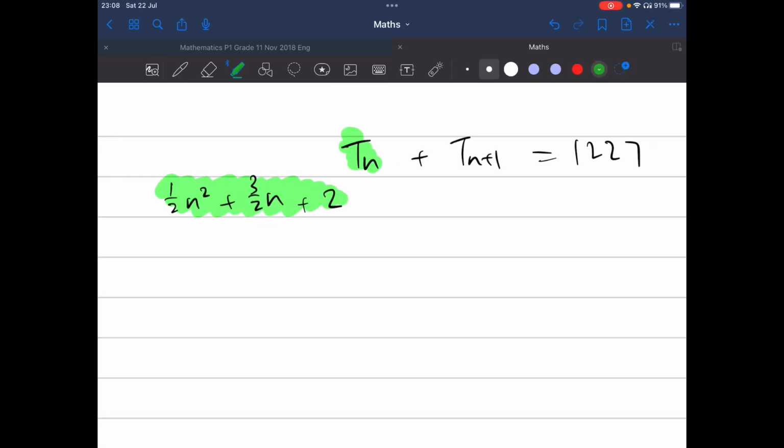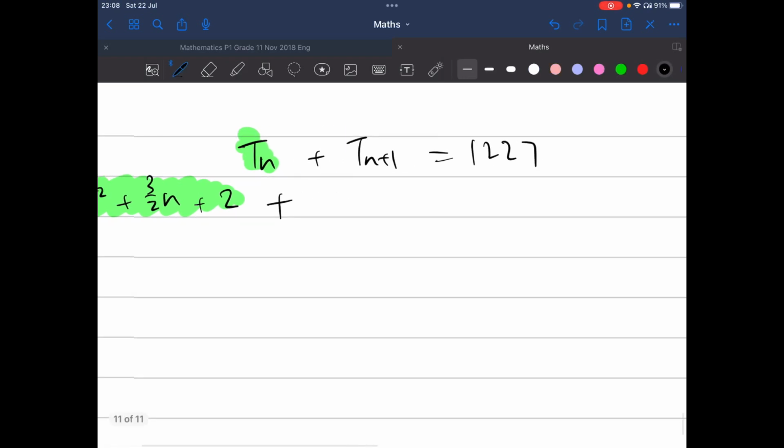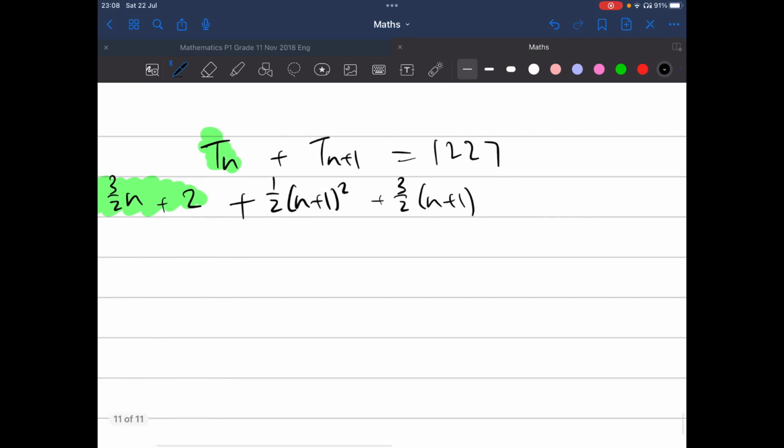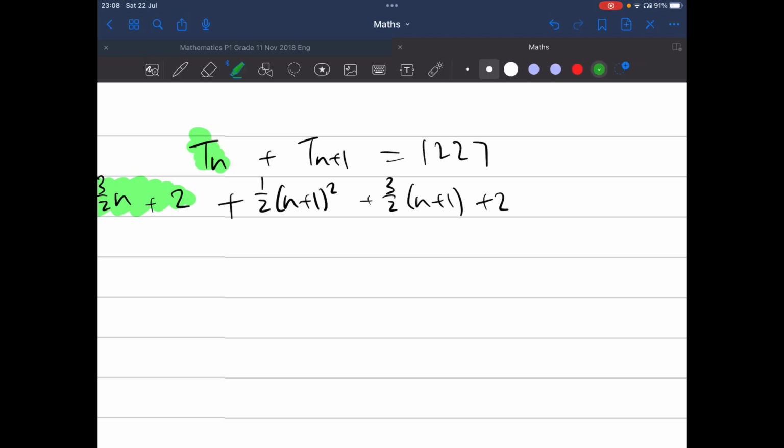Right, now I'm adding all of that to Tn plus 1. Okay, so now in place of n, I'll put n plus 1. Okay, so all of this is for that.